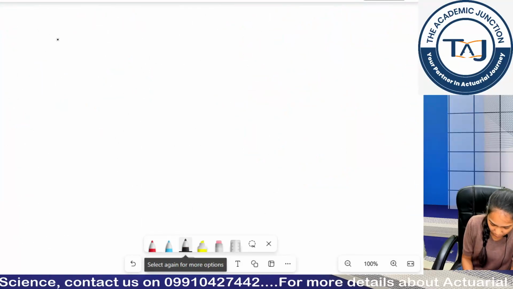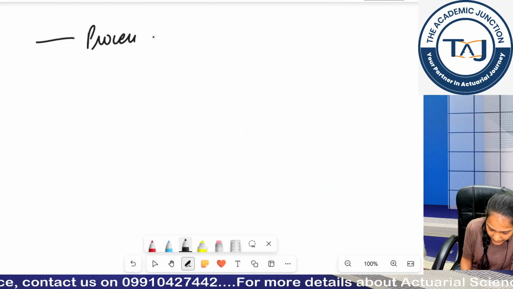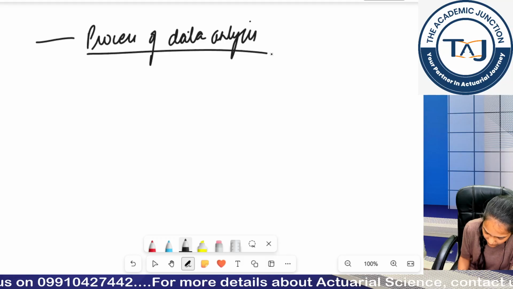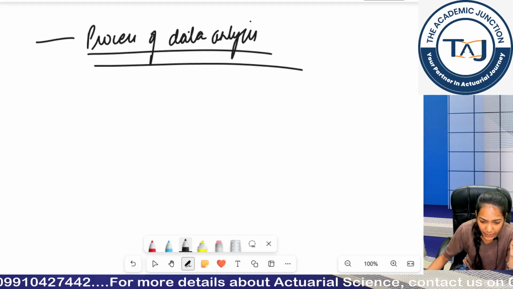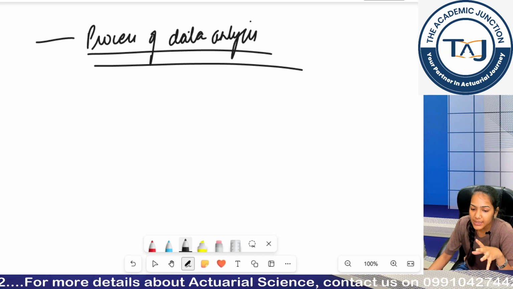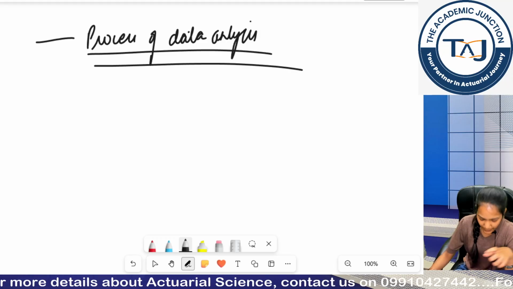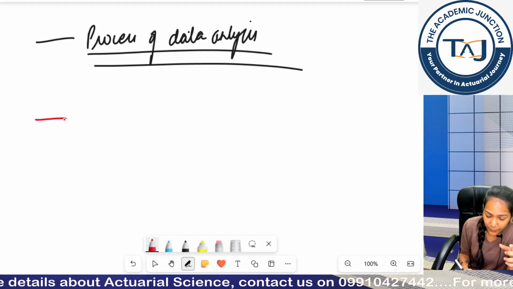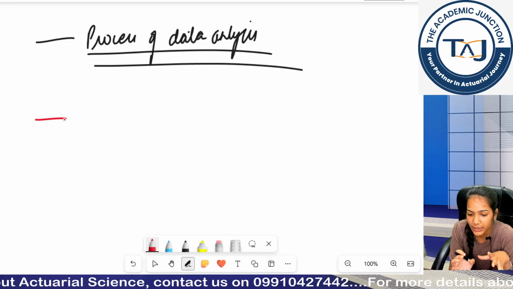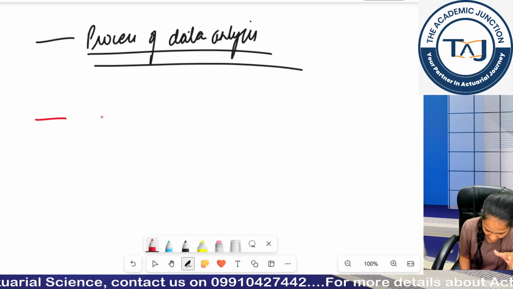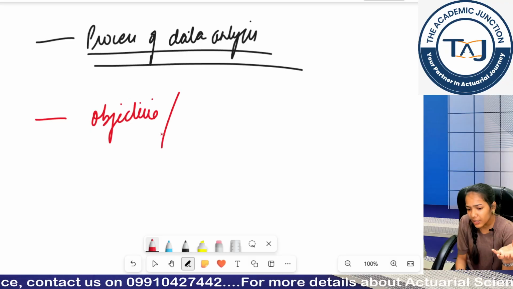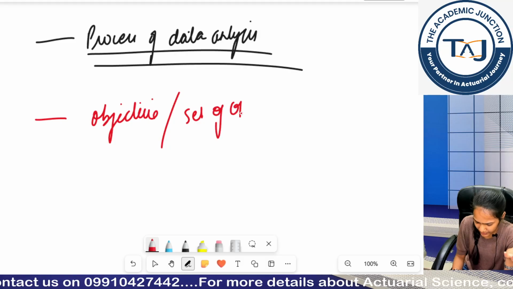Then if I come to the process of data analysis, it's very simple. Just read the definition and you would be able to produce the steps. First I identify the objective: for what I need to make the analysis. If I don't have a single objective, I can have a set of objectives.